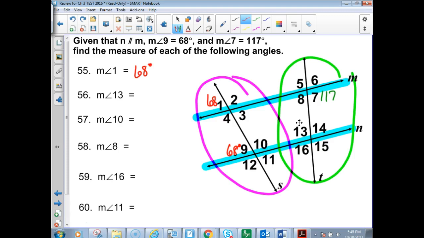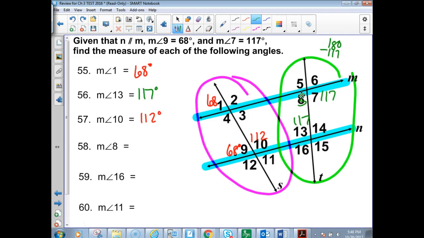Now angle 13 is going to be 117. It's alternate interior to angle 7. Angle 10 is going to be the supplement to 68, so it's going to be 112. And angle 8 is related to the 117. So I'm jumping around again. These are supplementary, so I do 180 minus 117.